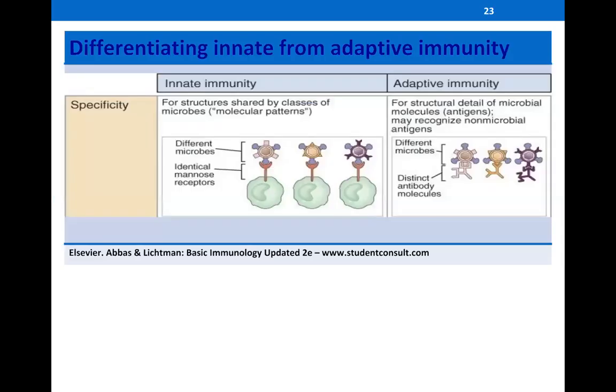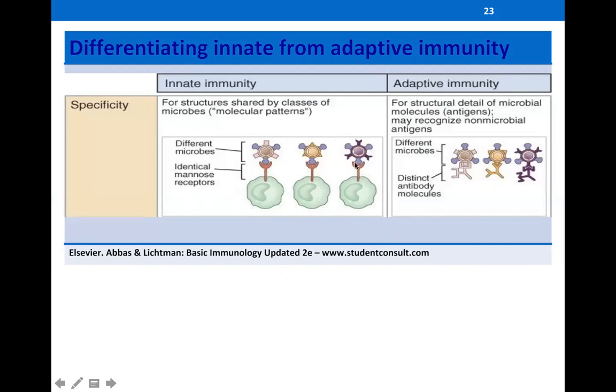Okay, this illustration would differentiate innate from adoptive immunity. Now, please listen. When it comes to specificity, for structures in the innate immunity, they are shared by classes of microbes with what we call your molecular patterns. If you notice in this illustration, these cells in the innate immunity have identical mannose receptors, but take note, they have different microbes. So they share classes of microbes, but they have an identical receptor for all these cells in the innate immunity.